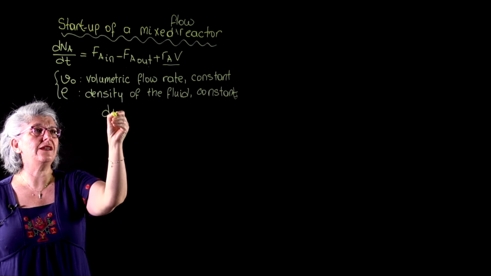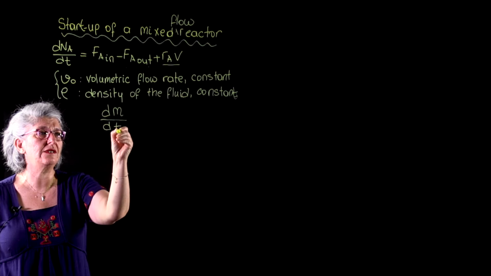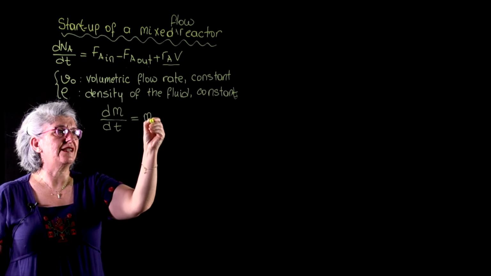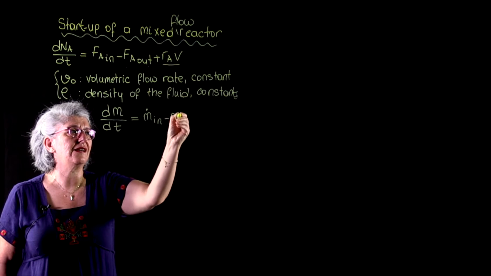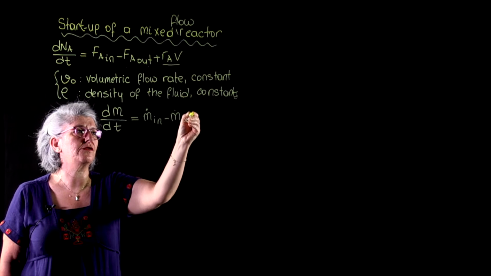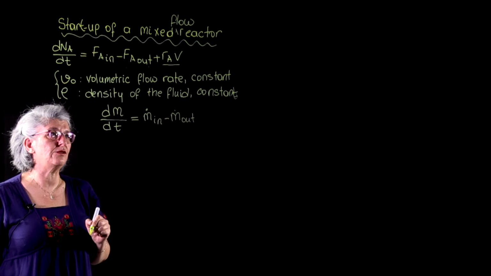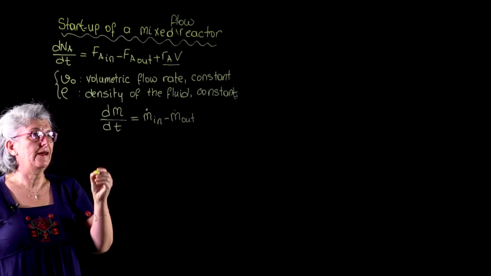The time rate of change of total mass within the system boundaries is going to be equal to the net rate that mass flows into the reactor minus the net rate that mass flows out of the reactor. I'm going to represent those masses in terms of volumes, volumetric flow rates, and densities.